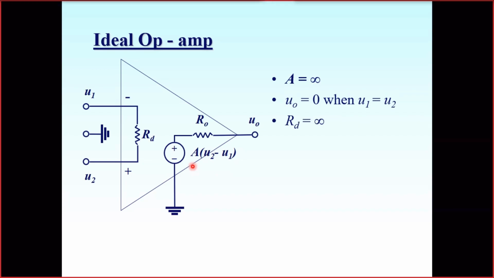Another feature of the ideal op-amp, we presume that input resistances are infinite. It means that when we apply a voltage to the input of the amplifier, there will be no current inside the amplifier. So no current flows in or out from the inputs. Of course, it's just an approximation. It's an assumption.